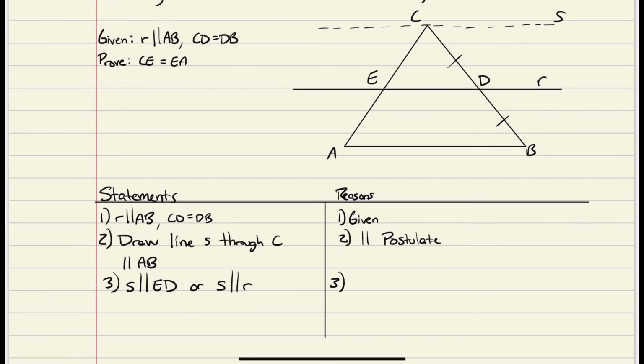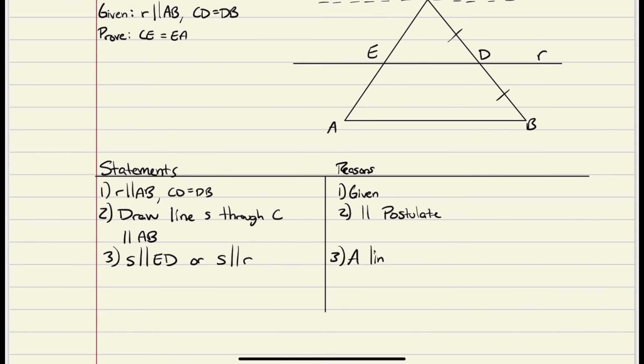We could also word it like this: a line parallel to one of two parallel lines is parallel to the other also.